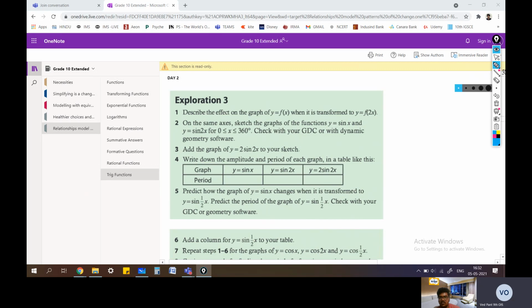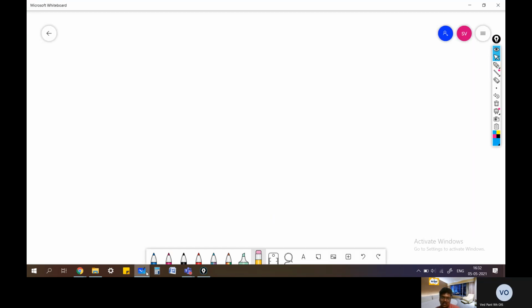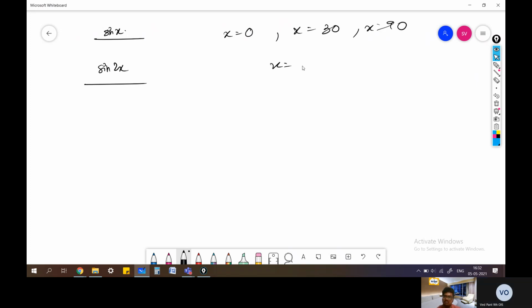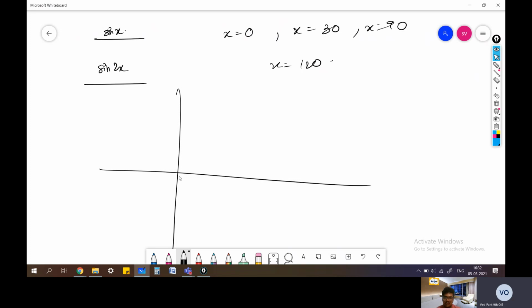Okay. Do one thing. Draw a graph on graph paper, not on the GDC. Draw a graph of sin x and a graph of sin 2x by yourself, putting x value equals 0, 30, 90, 120.